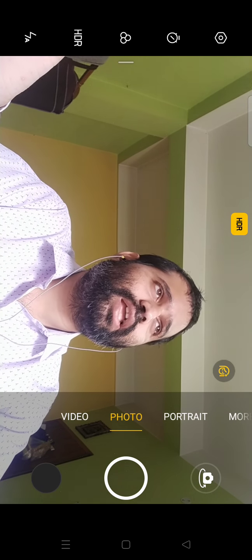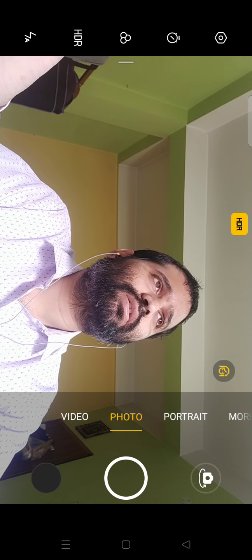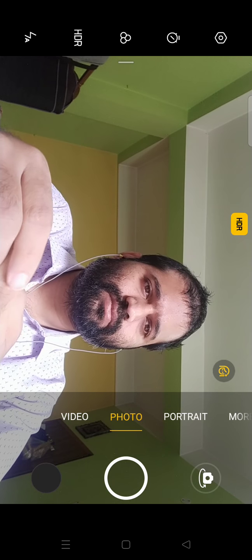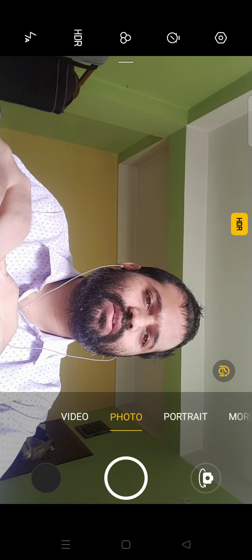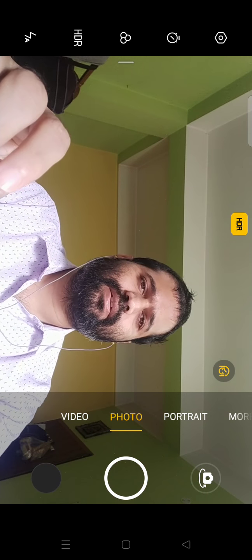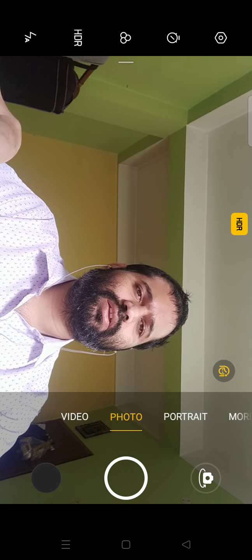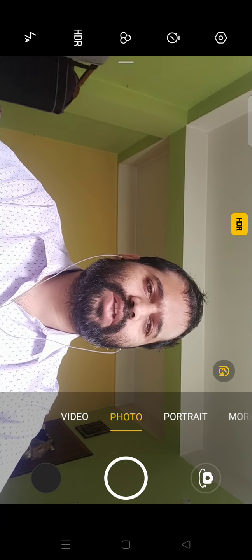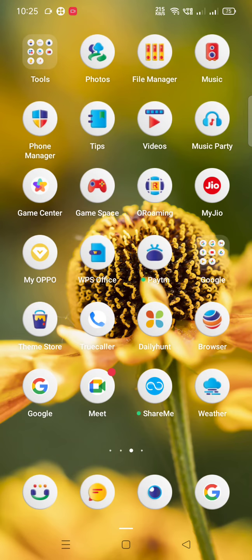Next, area of a square. Area of a square equals side square.